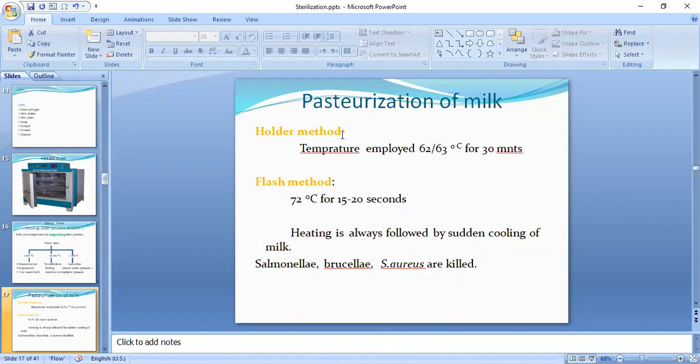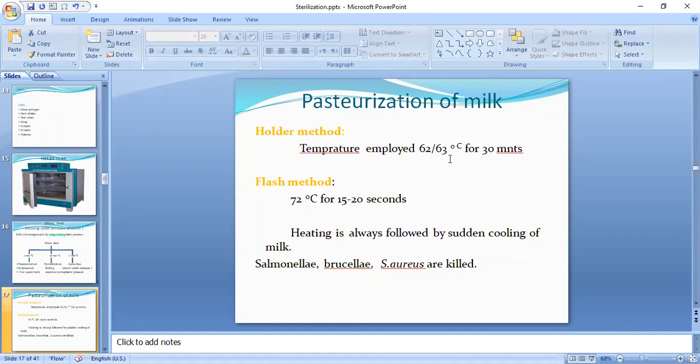In case of the Holder method, the temperature is 62 centigrade and it is applied for 30 minutes. So this method of pasteurization is called the Holder method.